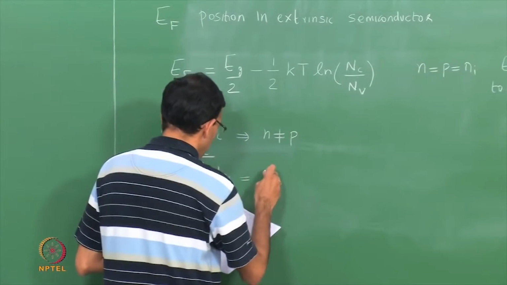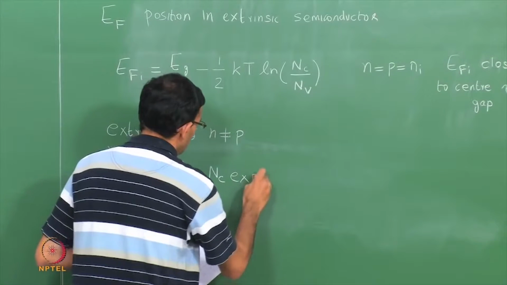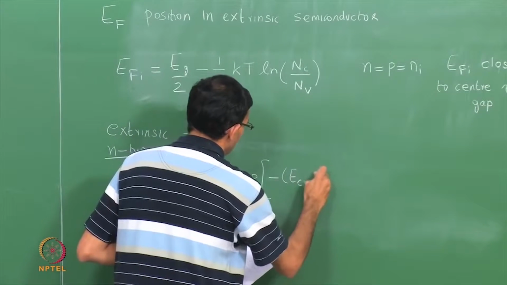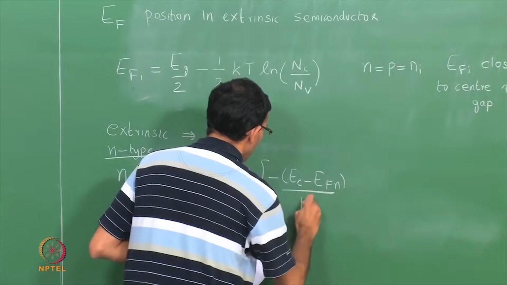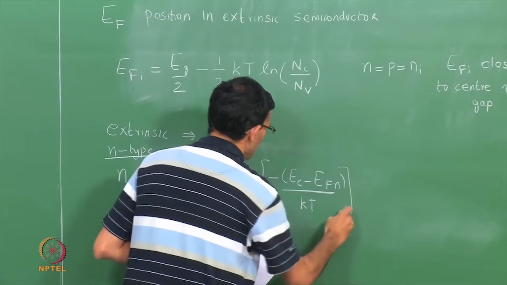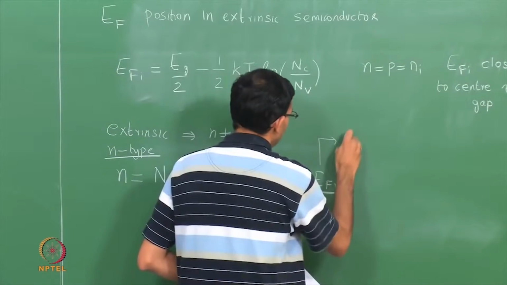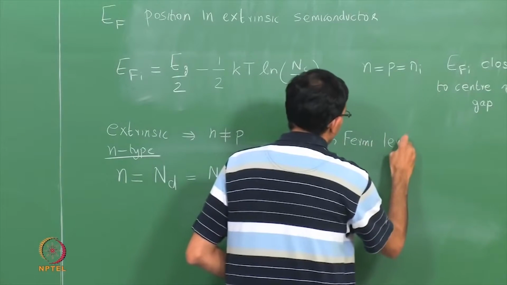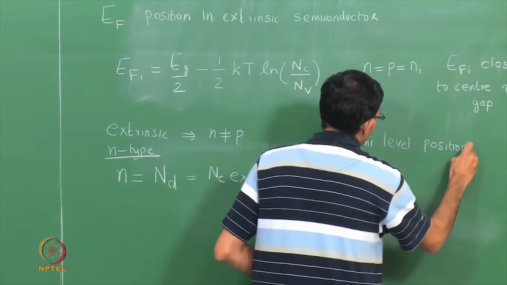This we can write as Nc exponential minus Ec minus EFn over kT. So, EFn refers to the Fermi level position in the n type semiconductor.